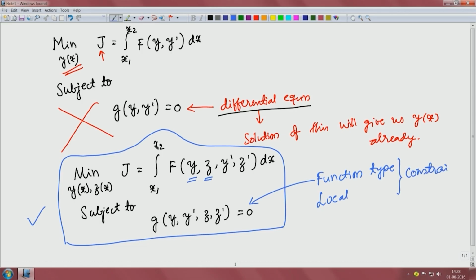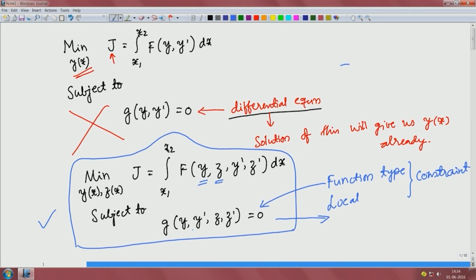There are different names to it. Sometimes people call it a finite subsidiary constraint, but let us understand that this constraint has to be valid over the entire domain.